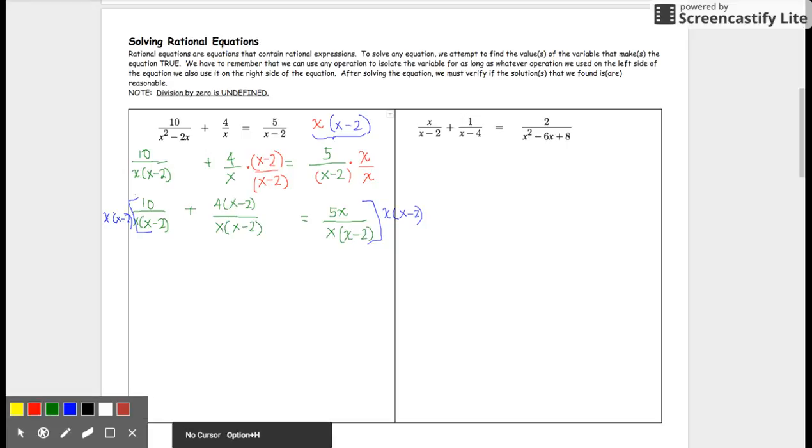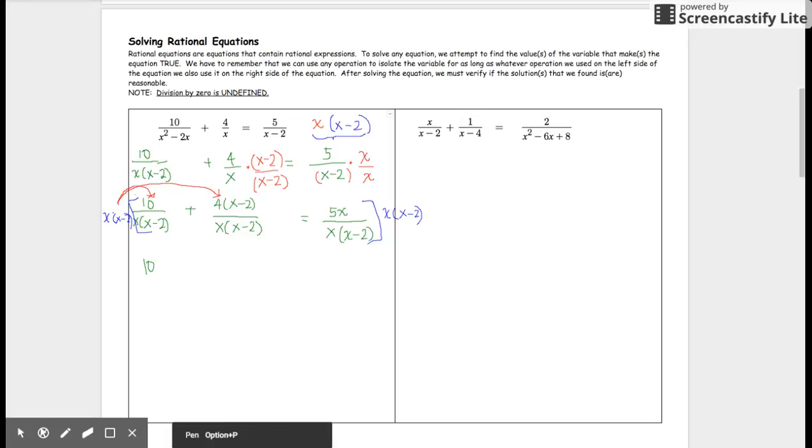Okay, so if we multiply x times x minus 2 by this fraction, the x times x minus 2 can be canceled. And so we will end up with 10. No more fraction. And if we multiply this by 4 times x minus 2 over x times x minus 2, the x times x minus 2 disappears or gets canceled.